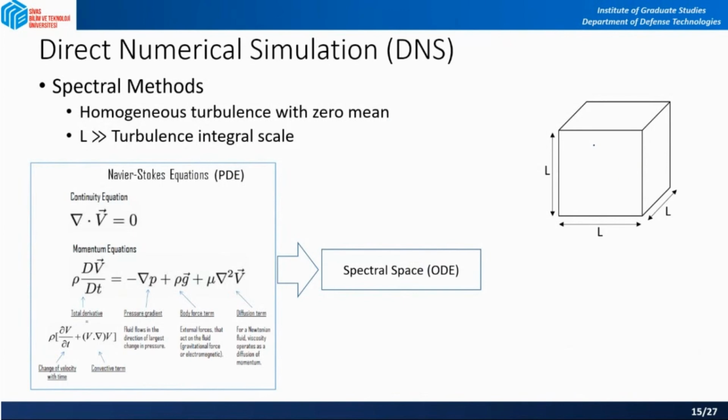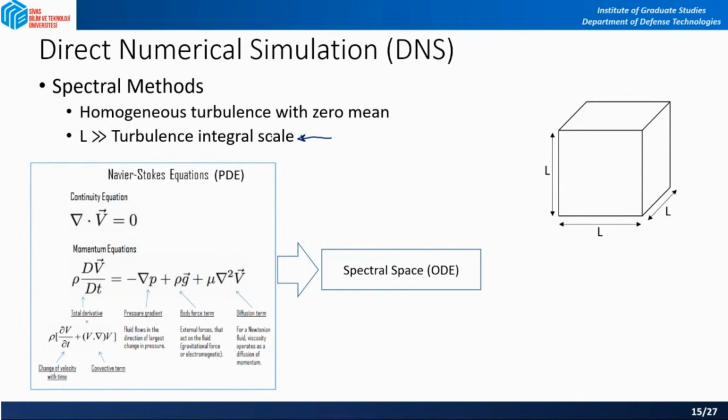And we have to make sure that this L size is much larger than the turbulence integral length scale. So what I wrote here is that L is much larger than the integral length scale.